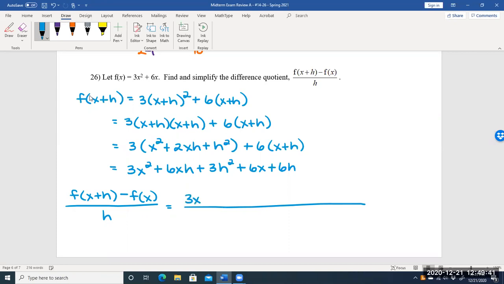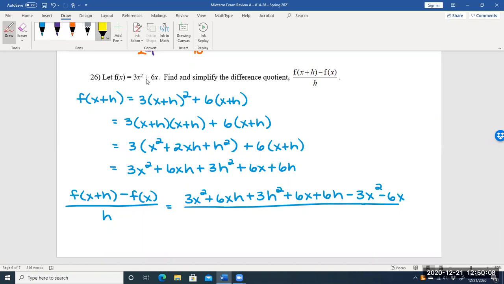By the way, there are no like terms. If I could combine like terms, I would have, but these are all unlike terms. Also up in the numerator, I'm supposed to subtract f of x. F of x is just our original function that was in the problem. And so I'm going to subtract f of x.